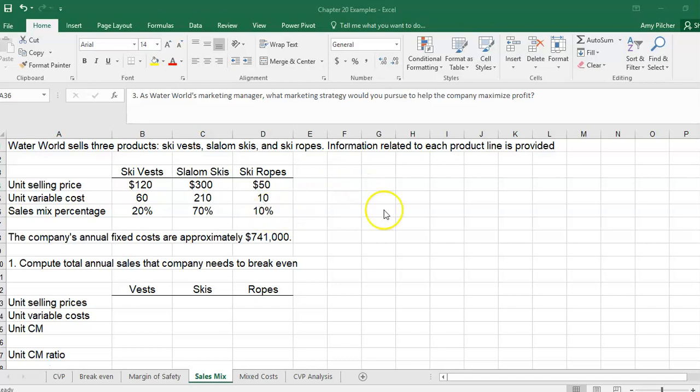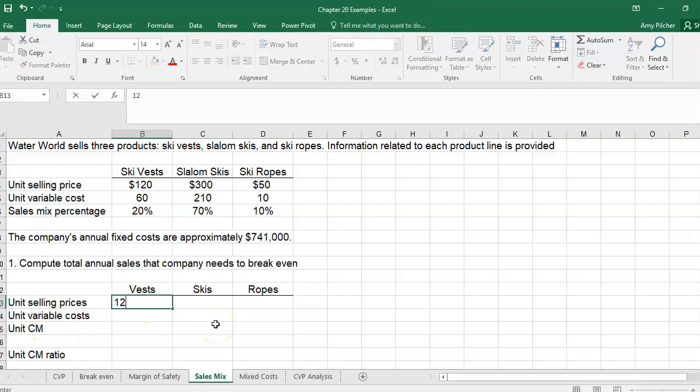So first, we're going to look at what is our unit contribution margin for each item. So we have our sales prices and our variable costs from the table above. And remember, unit contribution margin is selling price minus the variable cost.